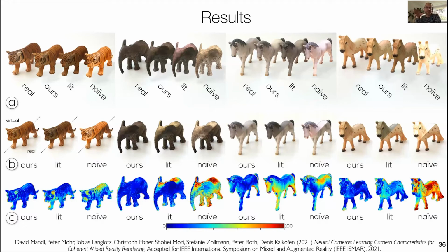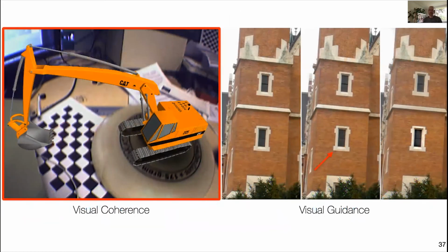But the difference is that instead of re-implementing the whole pipeline for each camera and each lens, and really reverse engineering it, we try to learn these individual components, which makes it much easier. So at the end, you just need to show a couple of images to the camera to learn all these specific parameters, and then we can apply this visual coherence, and we don't need to know the specifics. Okay? So that's the first part I wanted to talk about, which was visual coherence.